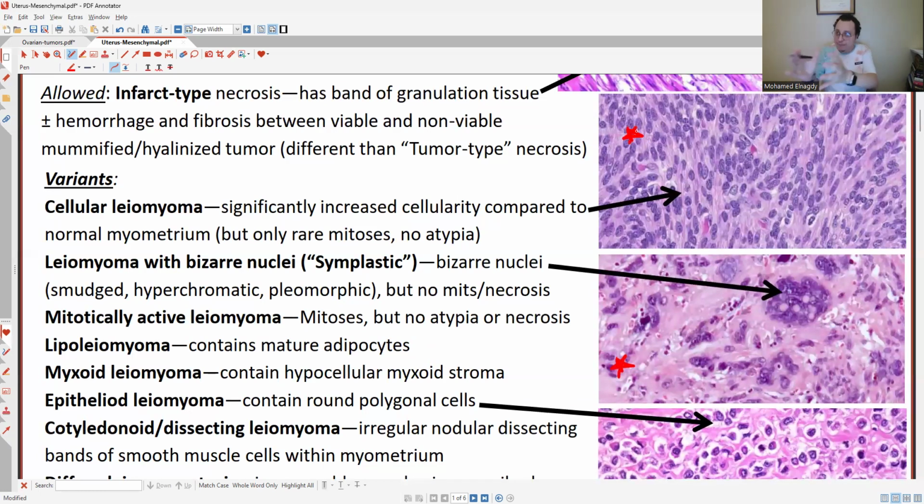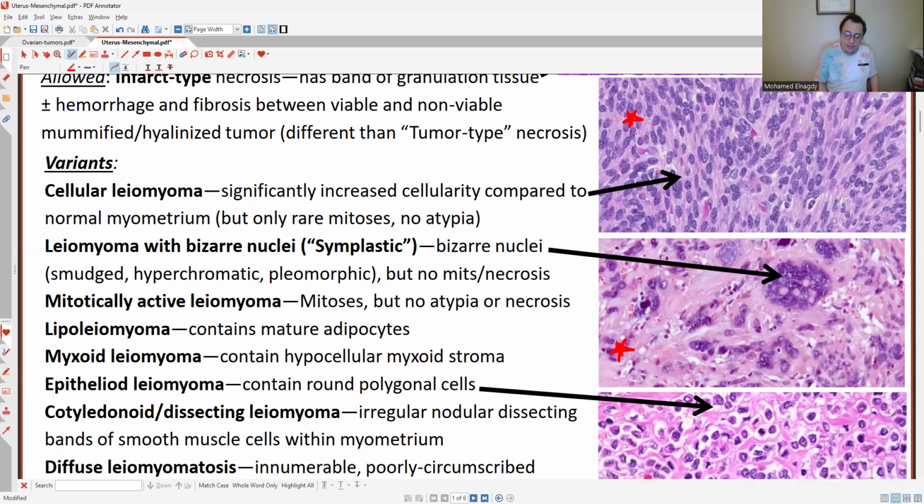That's a subtype of leiomyoma in which there is very dense cellularity. It's extremely hypercellular. So you can't rely on hypercellularity as a criterion to differentiate leiomyoma from leiomyosarcoma, because you have cellular leiomyoma with very abundant cellularity.